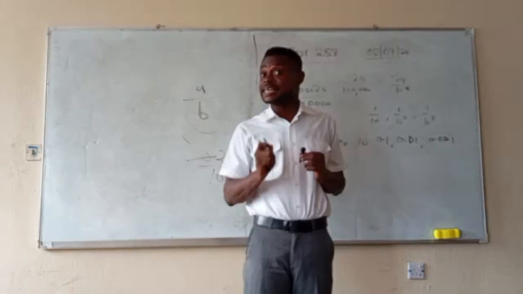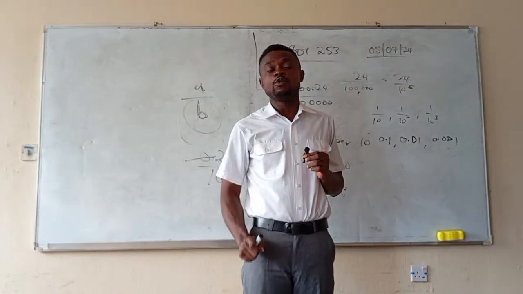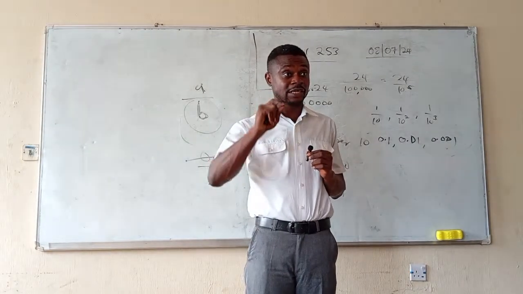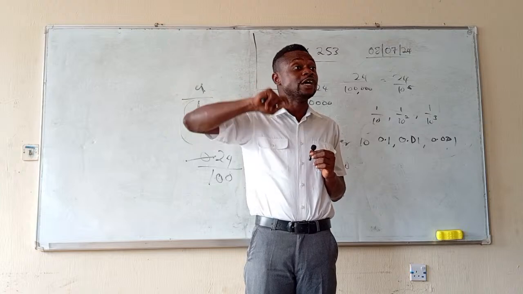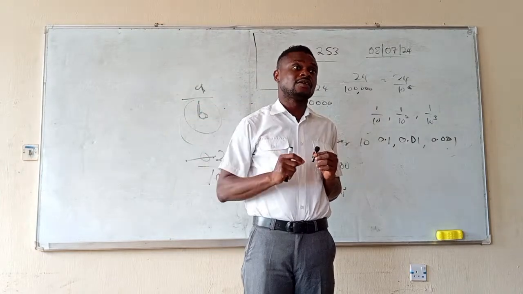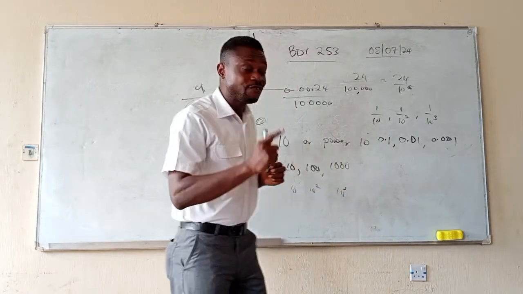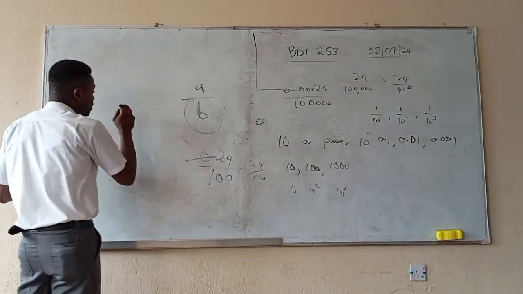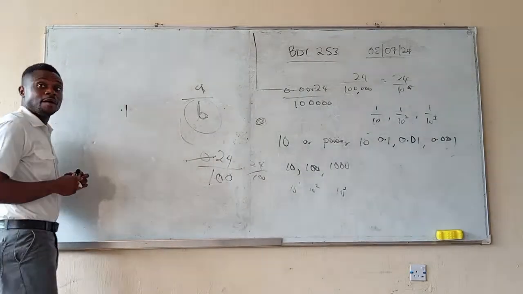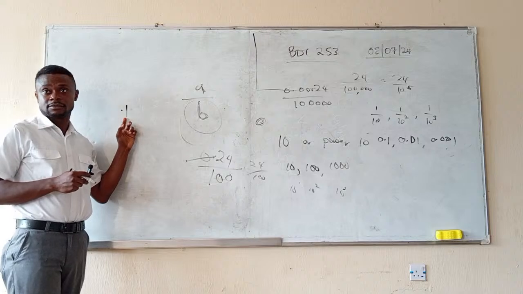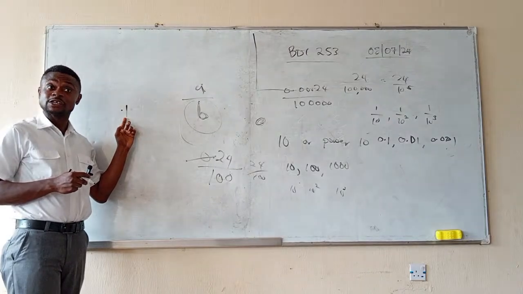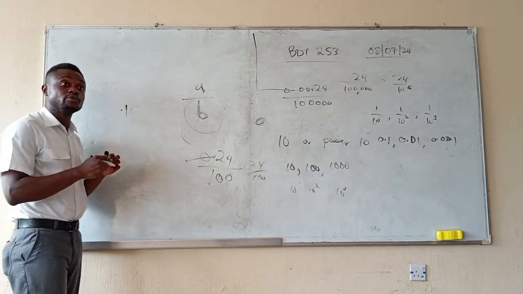Always put that 0. We call it the leading 0. Always put that leading 0 to avoid error. If you just write .1, someone may think you wrote 1. Someone may think you wrote 1. So put that 0.